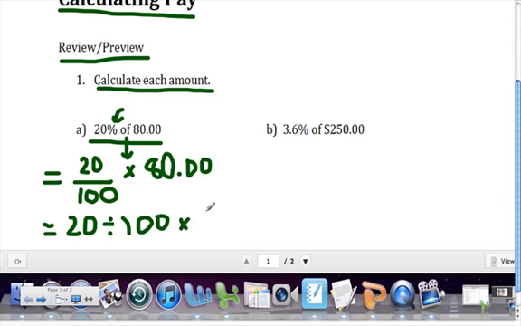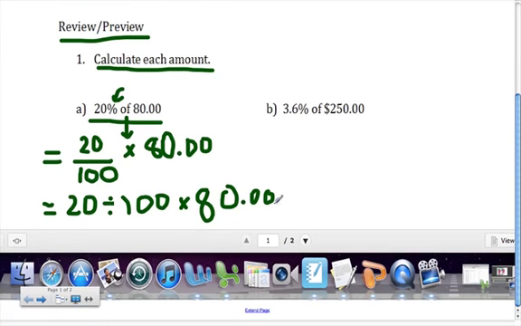So we just turn the fraction into the numbers 20 divided by 100. It in effect becomes 0.2 times 80, and when you multiply that out, I believe you get $16.